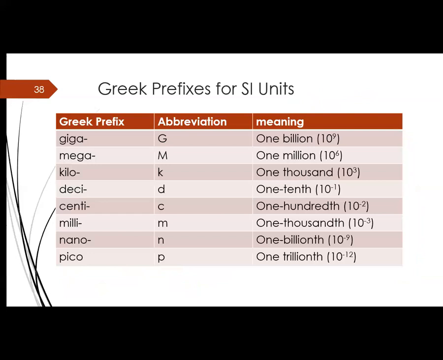That also works for things like milli and nano, and things like kilobytes: 1 kilobyte is 1,000 bytes, and a megabyte is 1,000,000 bytes.